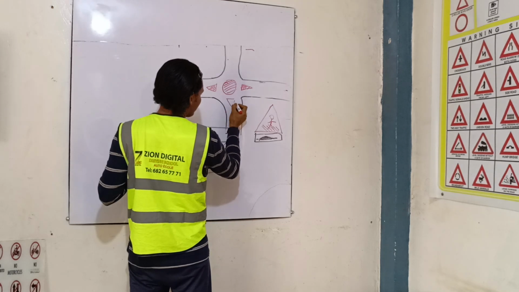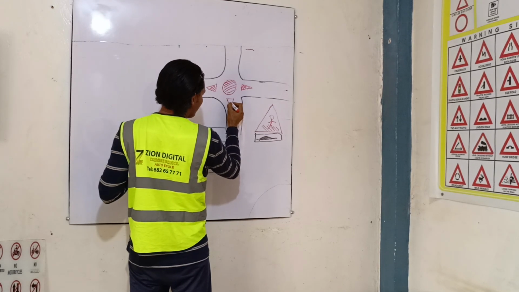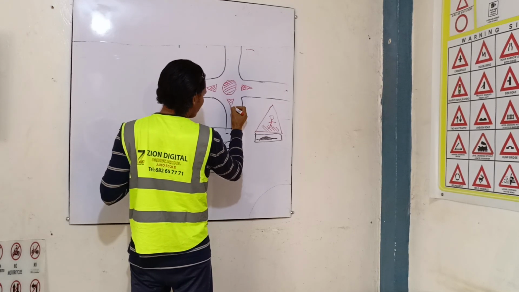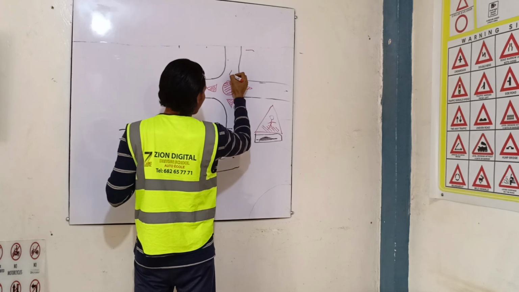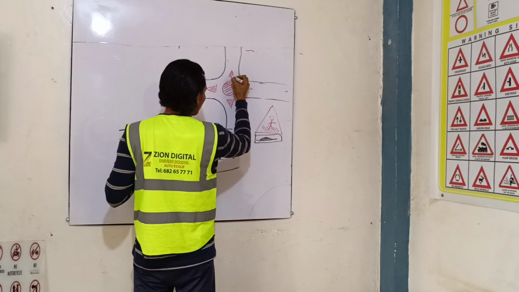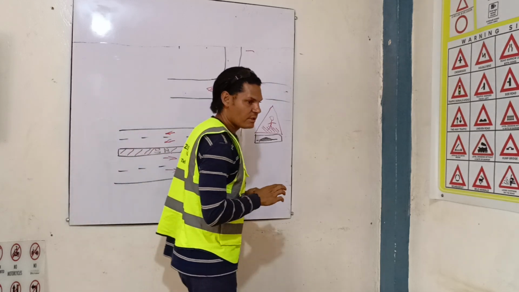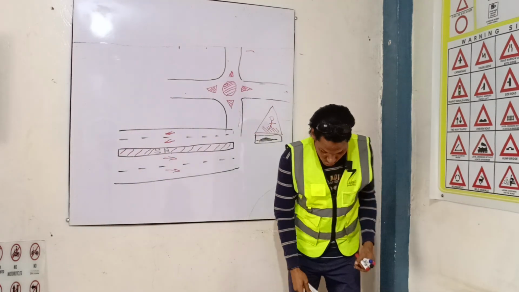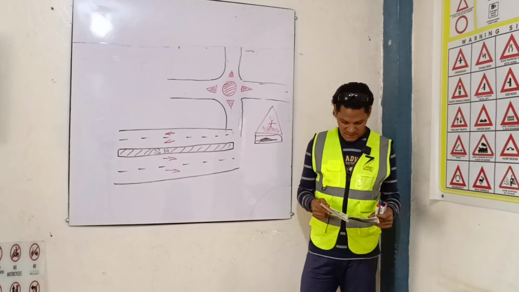Not built, eh? Have you seen this junction? Have you seen all those places that are built? That is what is called a central reservation. It's built. But now we are talking about zebras.